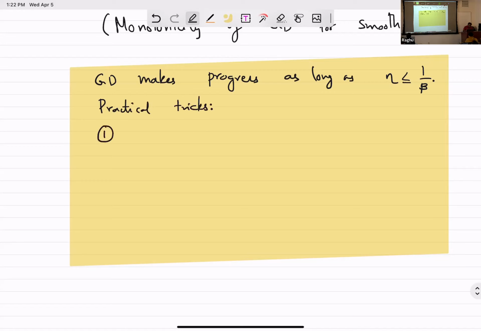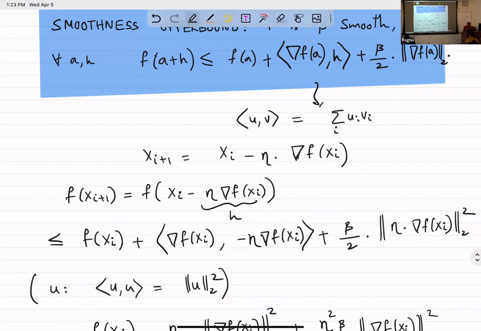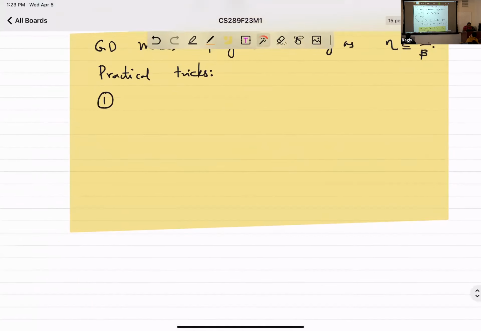Suppose you don't know what the smoothness is, and maybe your function is in some places much smoother than in other places. You could tailor the step size to the smoothness at that particular point. Maybe you're in a very spiky region, or maybe you're in a reasonably smooth region. You can adapt your step size accordingly.